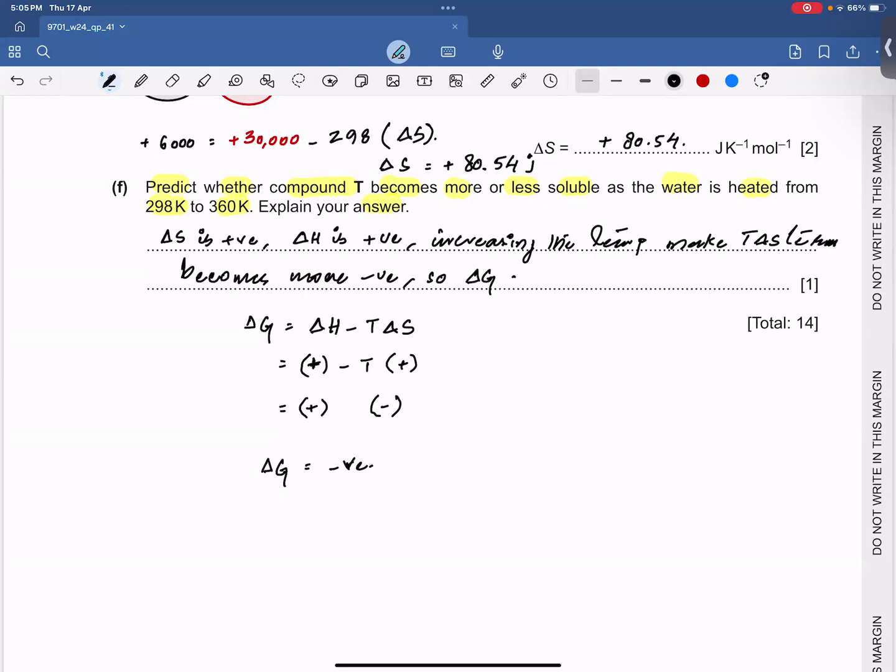So delta G is negative. Hence, compound T is more soluble in water. So that's the end of this question. Oh, these are the long questions, guys.